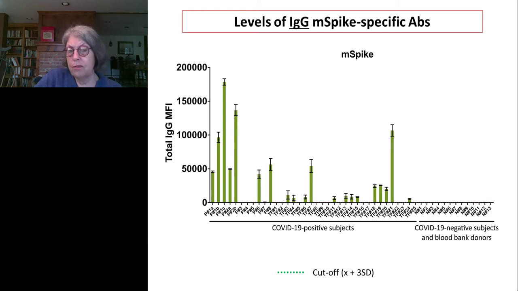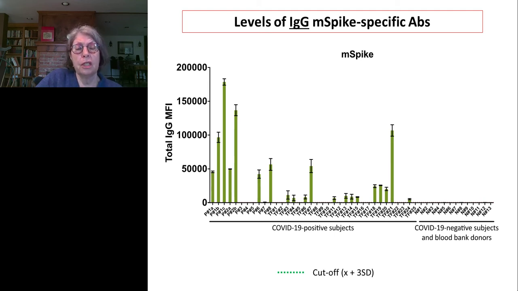We have no information about how soon after infection or how soon after the end of symptoms these subjects are coming in for testing. So many of these may be relatively early after infection and don't seem to have IgG antibodies.